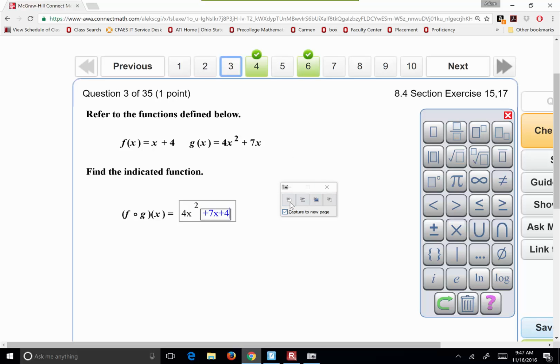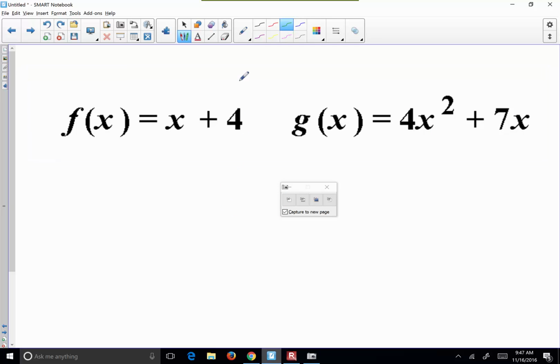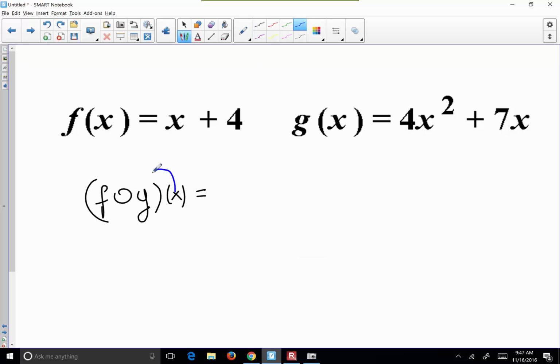Again, how did I get it? For those who need more explanation, it's asked to find f of g of x here. I first send x into G. It's already been sent here.